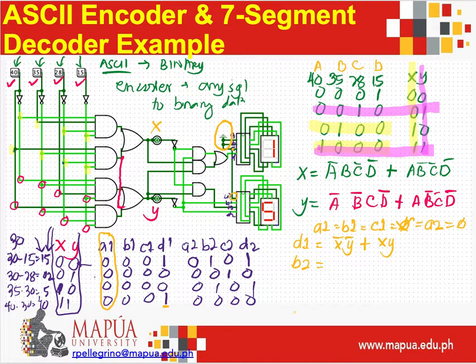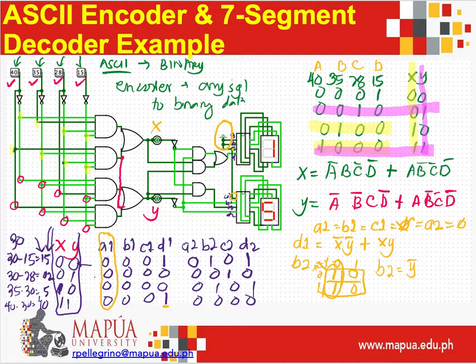With x and y, 0 and 1, 0 and 1: 0, 0 is 1; 0, 1 is 0; 1, 0 is 1; and 1, 1 is 0. So B2 is equal to Y bar.